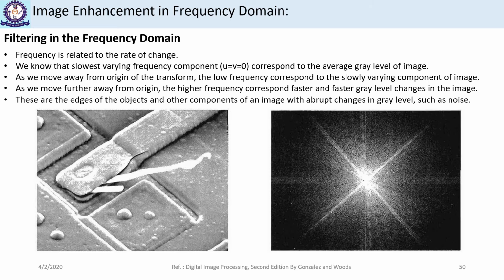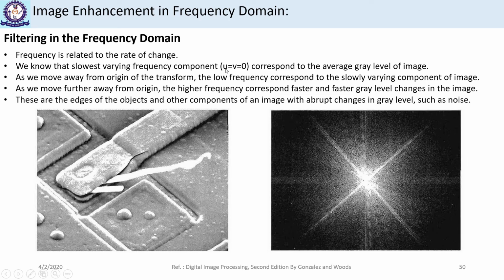Okay, now how do we perform filtering in the frequency domain? That comes next. Frequency is related to rate of change. So the slowest varying frequency component means the frequency is not at all varying.